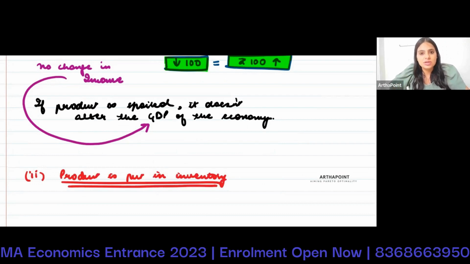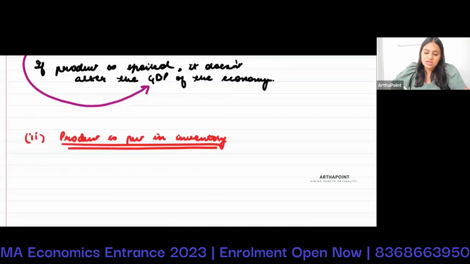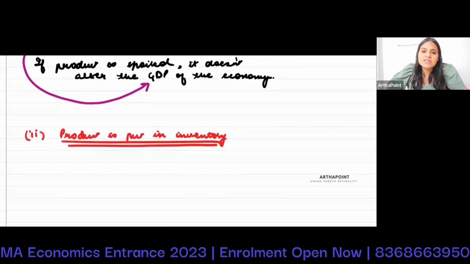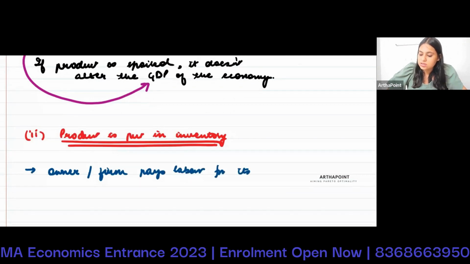How do I deal with it? And it's not spoiled. So in this case, the first thing that is sure is that the owner is going to go ahead and pay the labor for its service. So the owner or the firm pays labor for its service.